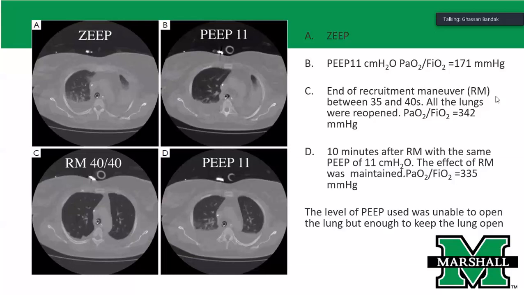This is a study that showed different CAT scans in a patient with varying levels of PEEP. You can see in A on the left upper corner, they used 0 PEEP. And you can see that one lung is partly open, the other is almost completely atelectatic.